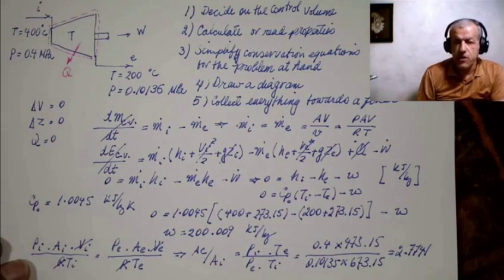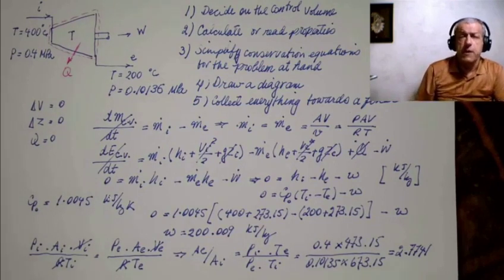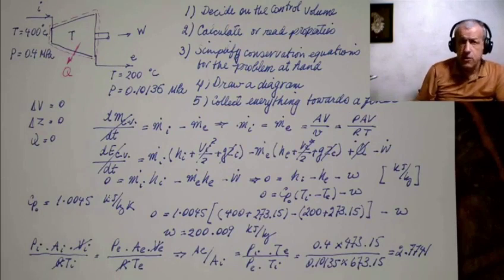Usually turbines are very well insulated. Steam turbines usually have a large dome over them with lots of packings and lots of insulation so that the heat transfer would be basically zero.